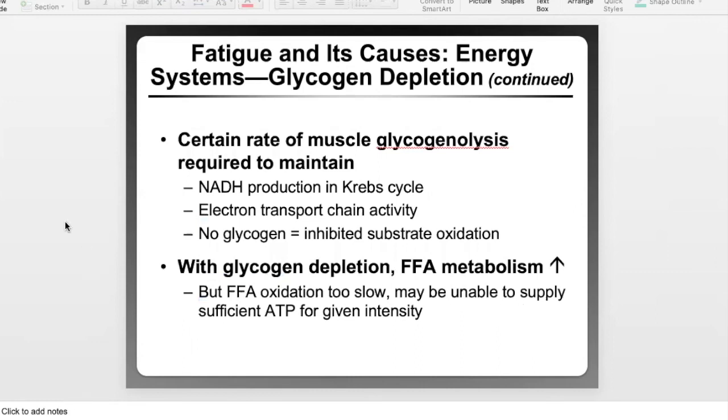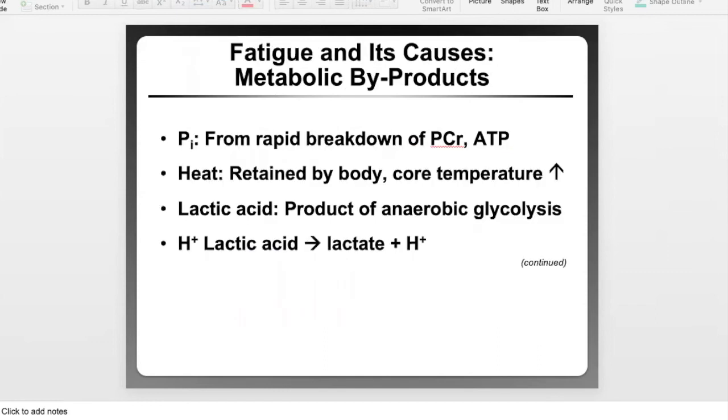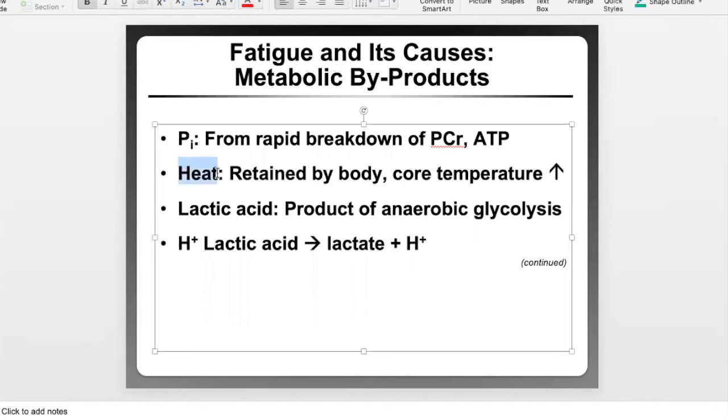All right, let's see where we're at now. So the potential causes of fatigue by metabolic byproducts are because of a lack of ATP, the phosphocreatine system recycling of ATP isn't happening fast enough. Or it could also be that there's an increase in heat.